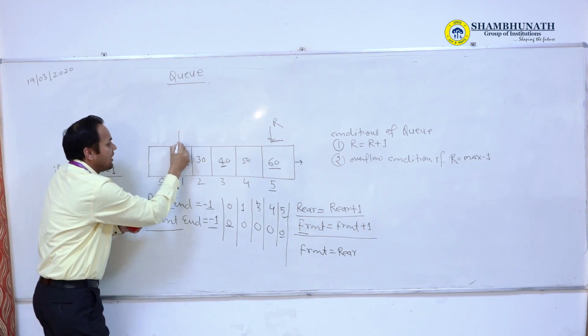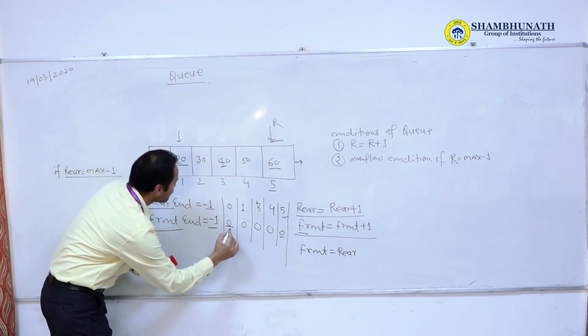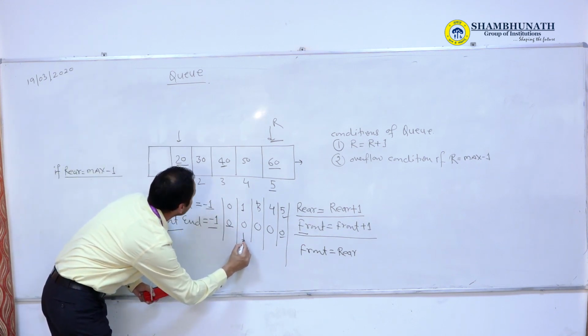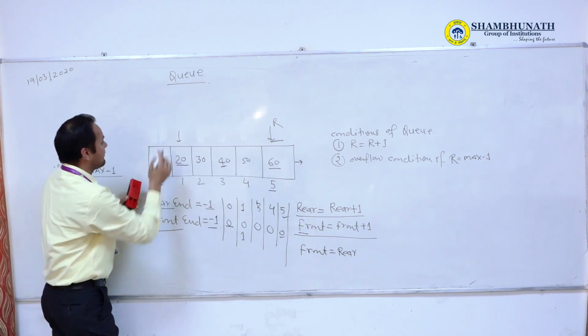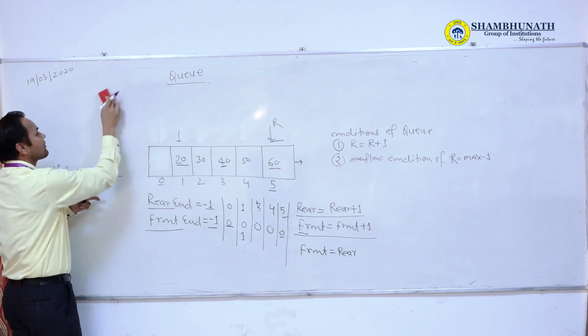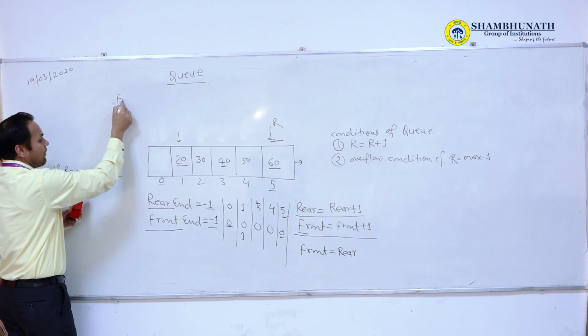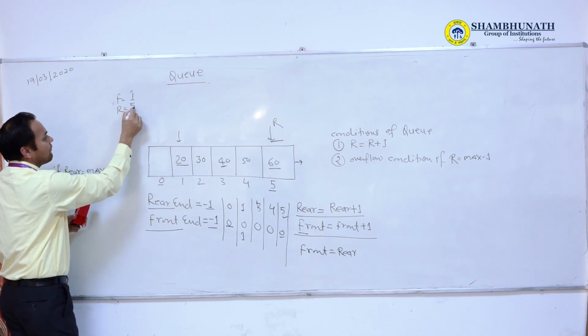The position of front goes there. Front is 1 and the data element is deleted. Front is 1 and rear is 5.